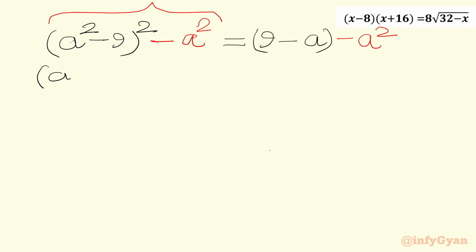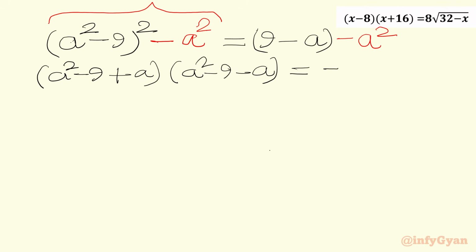So we will write a square minus 9 plus a times a square minus 9 minus a. In the right hand side we can take the minus sign common. So in the bracket there would be a square plus a minus 9.